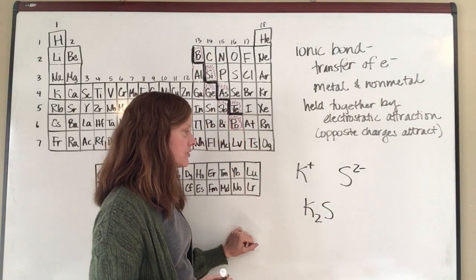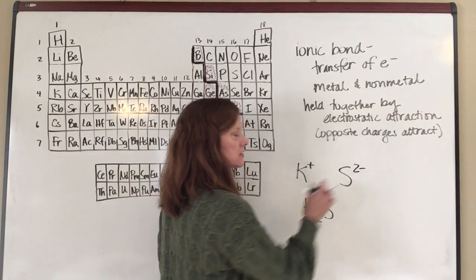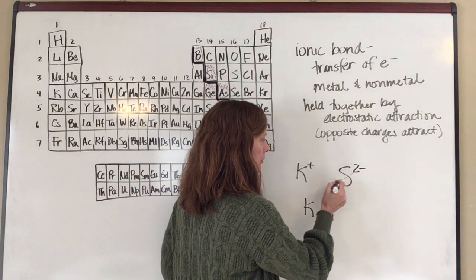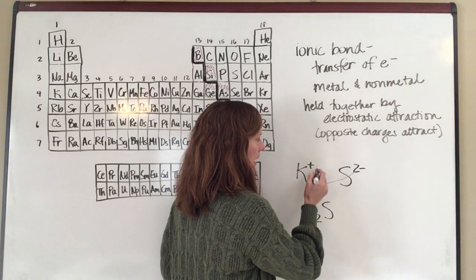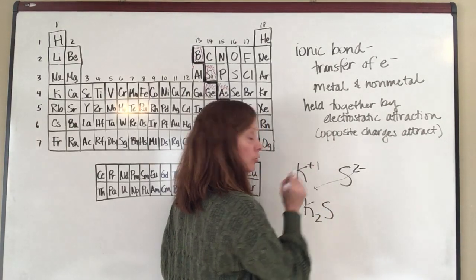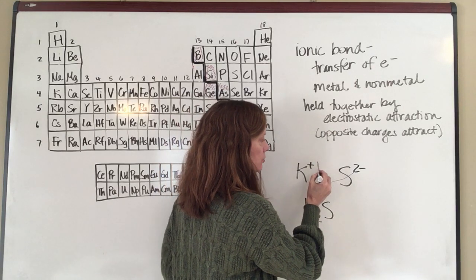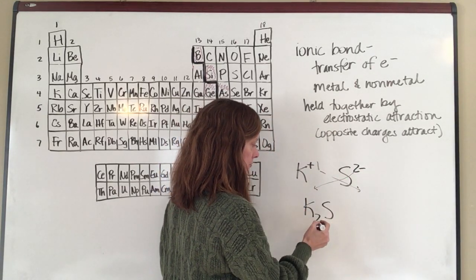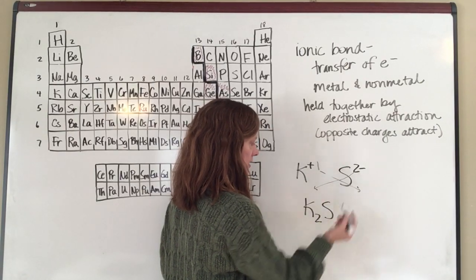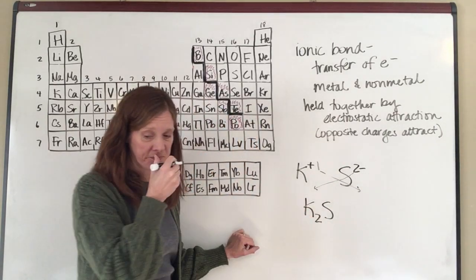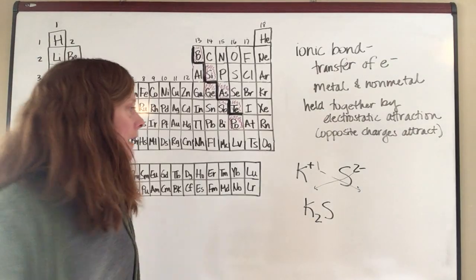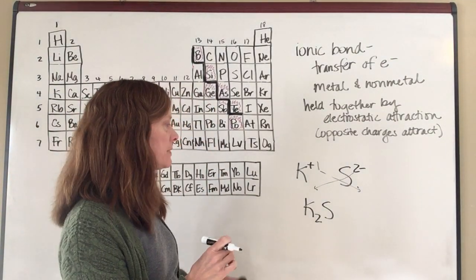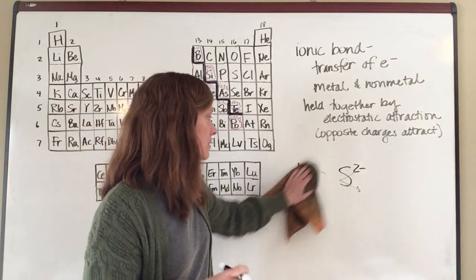Another way to think about this is if you write these two elements to make the charge, then you can take this number and you can bring it down here, and this is actually a 1, we don't normally write the 1. I can take this 1 and I can bring it down here. So the 2 becomes here, and the 1 goes down here, so it's K2S. Okay? That's a trick that you can use. I'm hoping that you understand the concept behind it so that you can understand the trick as well.